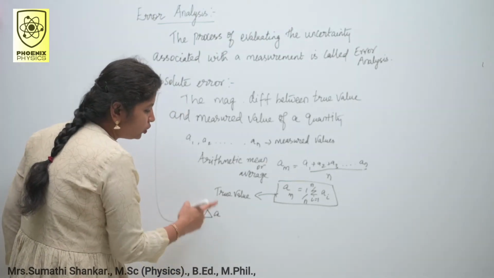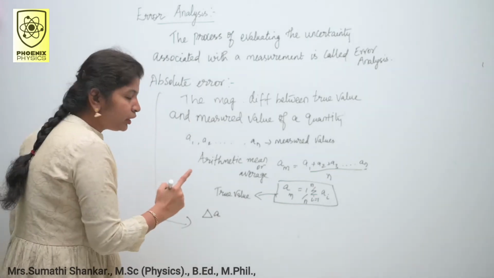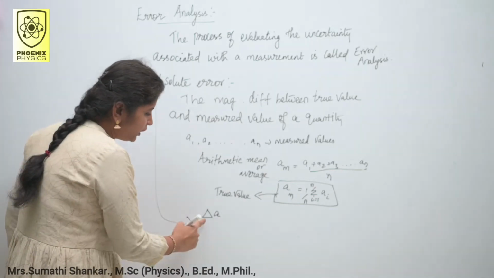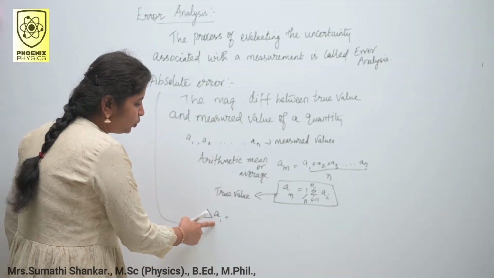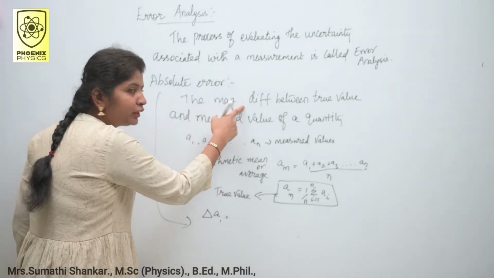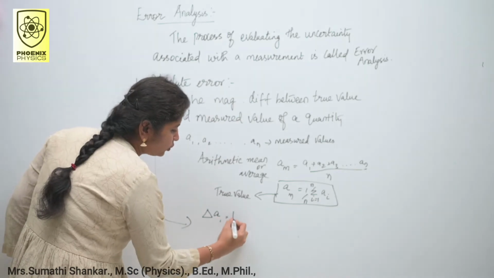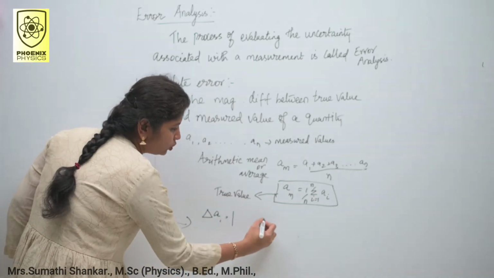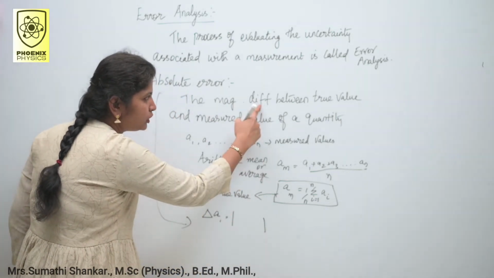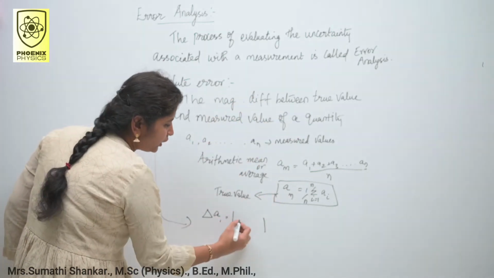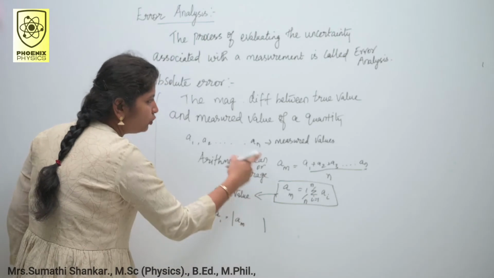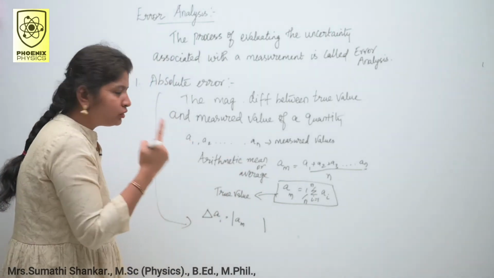So if I want to find out the absolute error for the first quantity, that means delta A1. You know the definition, the magnitude of difference between the true value and the measured value. What is our true value? AM is our true value and what is our first measured value?